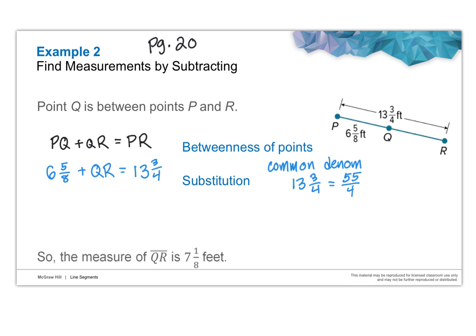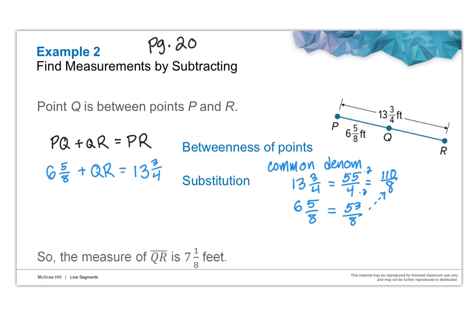The other fraction that's used in this work is 6 and 5/8. And so with that same process, we're going to get 48 plus 5 or 53. But notice the denominator is different there. So we would want to get a common denominator in this 55/4. And that's going to be if we multiply both of those values, numerator and denominator, by 2. That will give us our 110 eighths here.